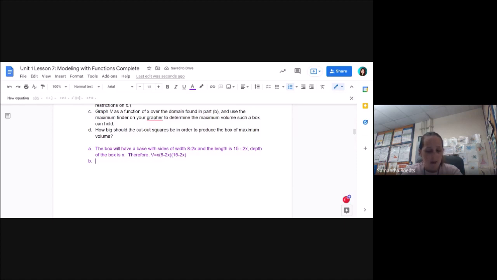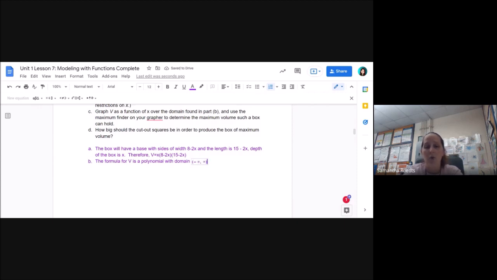For B, find the domain of V as a function of x. So the formula for V is a polynomial with domain negative infinity to infinity.